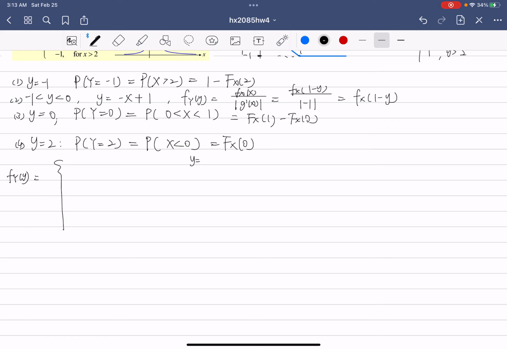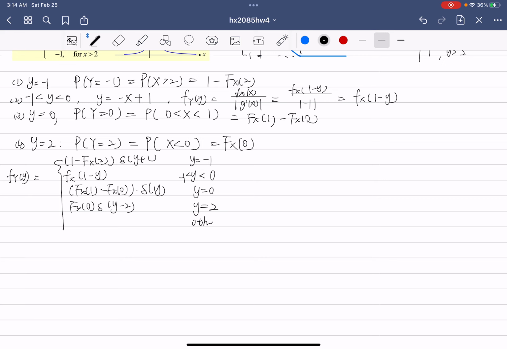The first part is y equal to -1, where the density is 1 minus F_X(2). For y larger than -1 and less than 0, it is this. The third condition is y equal to 0, where it will be F_X(1) minus F_X(0). For y equal to 2, it is F_X(0). And otherwise, it will be 0.